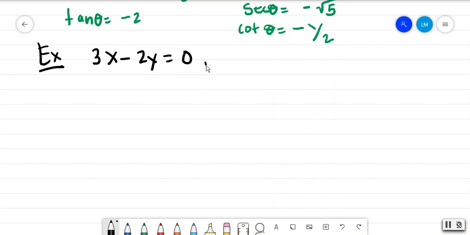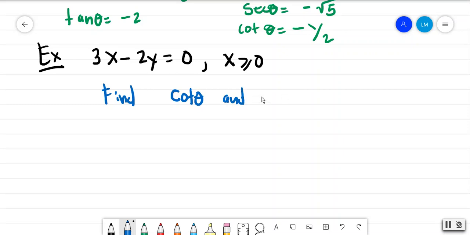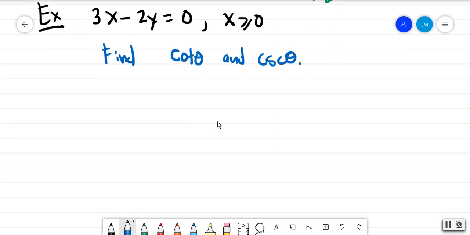But let's say that in this one you say that x is greater than or equal to 0. Okay, well, for instance, let's say that you want to find cotangent theta and cosecant theta.